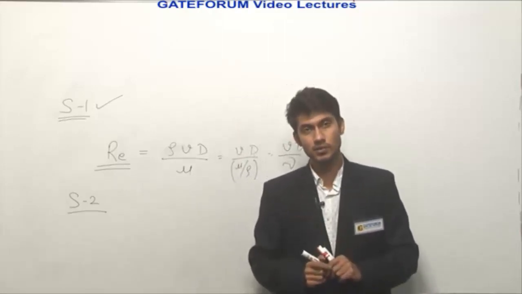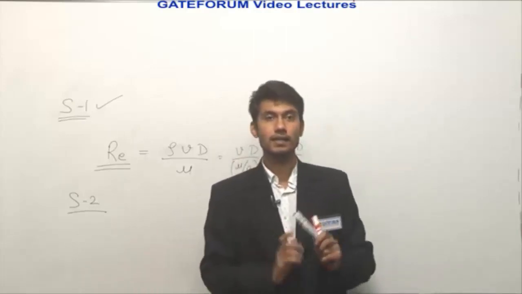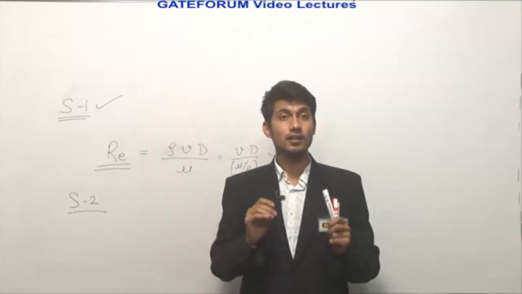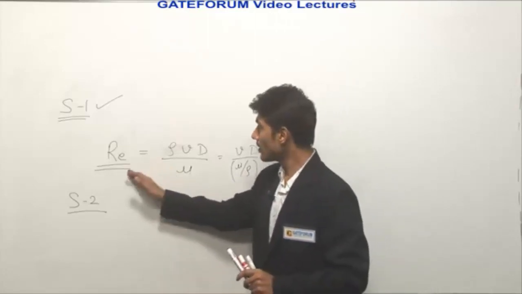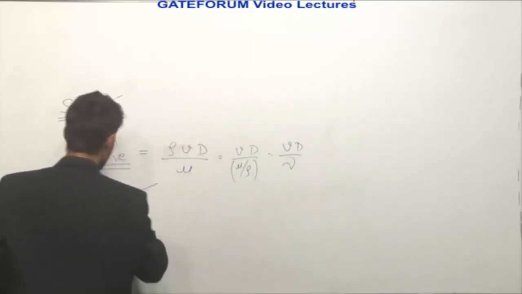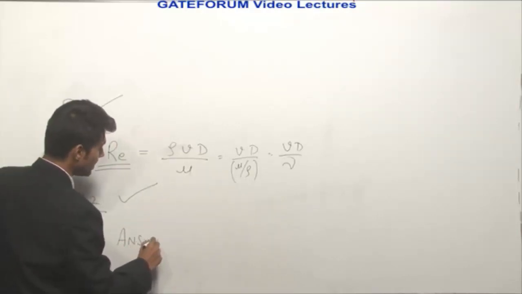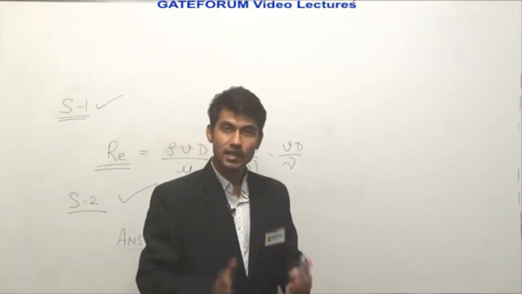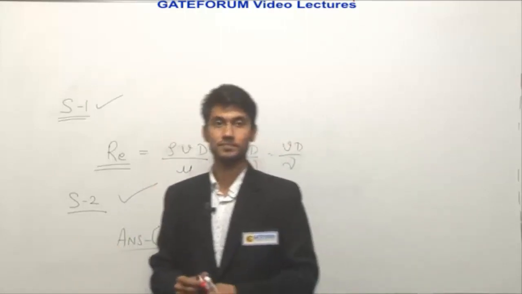Statement 2 states that Reynolds number of any fluid depends on velocity, diameter and kinematic viscosity, which correctly explains statement 1, which states that in flow through pipeline nature of fluid flow depends on velocity, because Reynolds number consists of a variable called velocity. So statement 2 is correct as well as it is the correct explanation of statement 1. So our answer will be option A, where statements 1 and 2 both are individually correct, as well as statement 2 is the correct explanation of statement 1. So option is A.